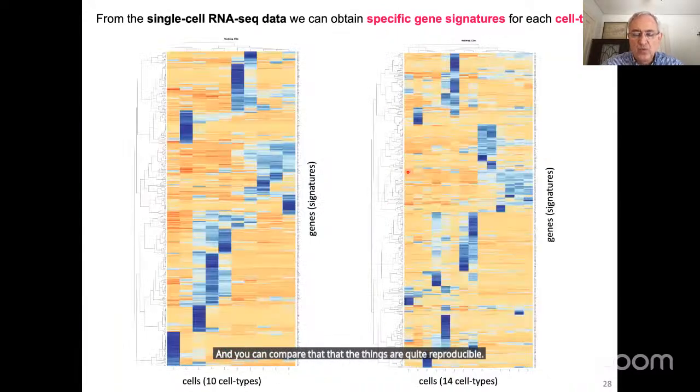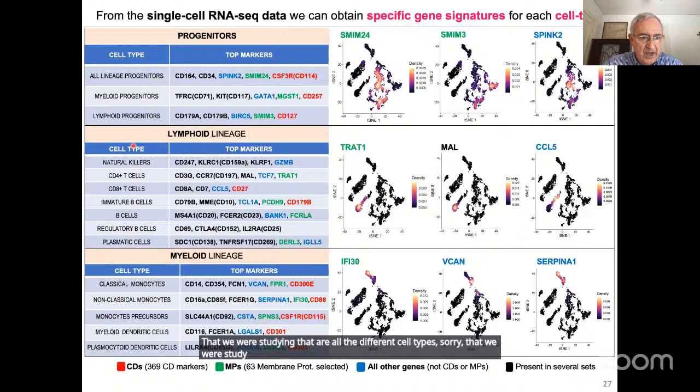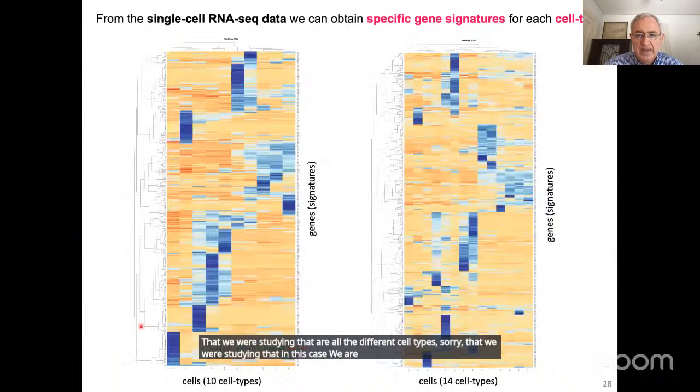In this way, what we managed to do is for all the sample sets that we were studying, that are all the different cell types, that in this case were quite a lot, we identified specific cell markers that in some cases were well known, and in other cases were not so well known.